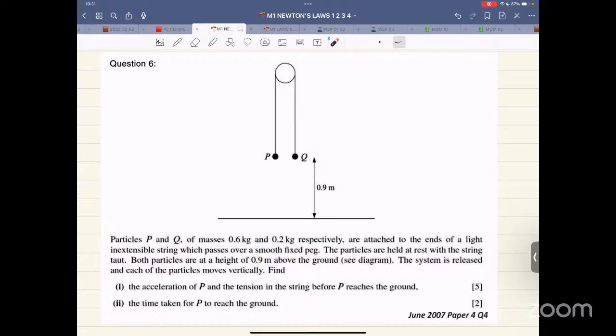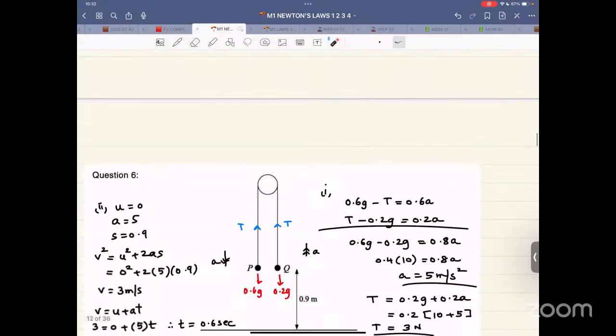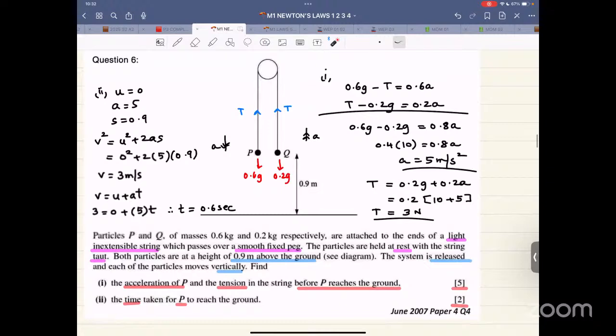The particles are held with the string taut, both at the same level, 0.9 meters above the ground. The system is released and each particle moves vertically. Find the acceleration of P, the tension before P reaches the ground, and the time taken for P to reach the ground. P is the heavier one, so P will go down and Q will go up. Now look at all the working; I want you to analyze it.